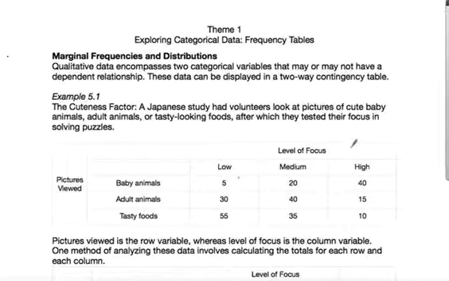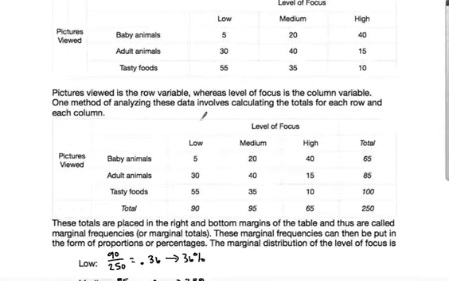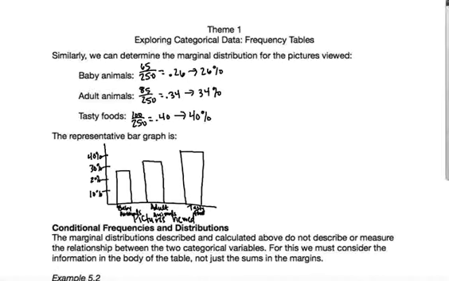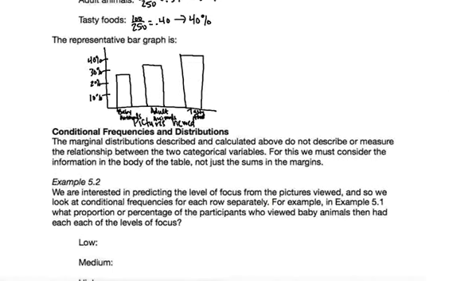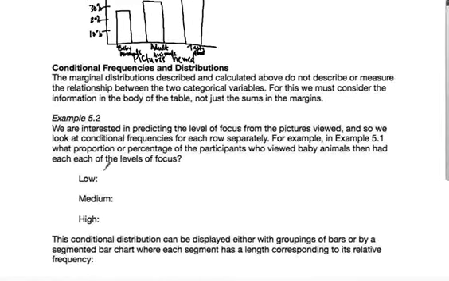If I go back to this table, there were 5 people who had low level of focus and looked at baby animals, out of a total of 65 people who looked at just baby animals. So 5 over 65 gives you 0.077 or 7.7%.